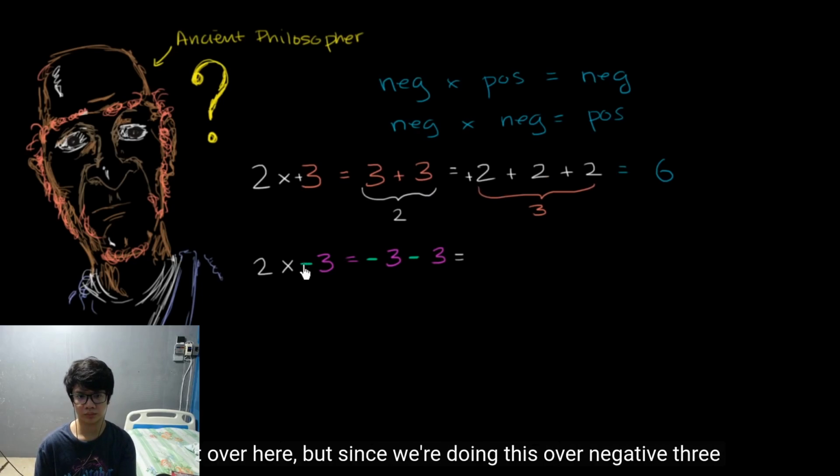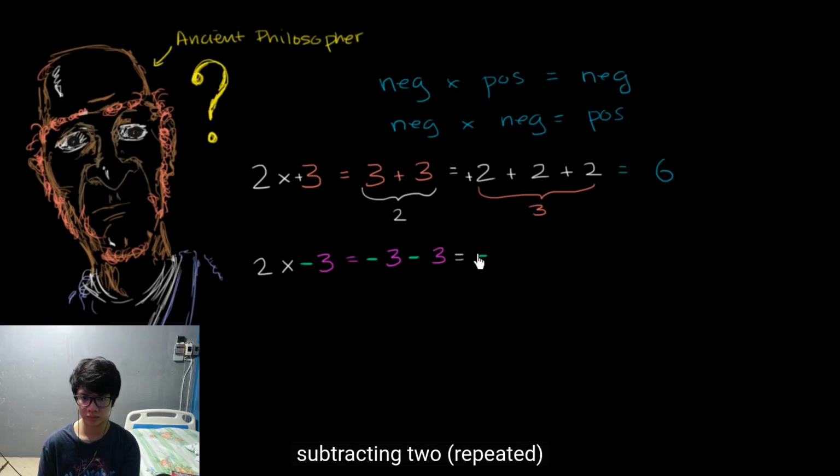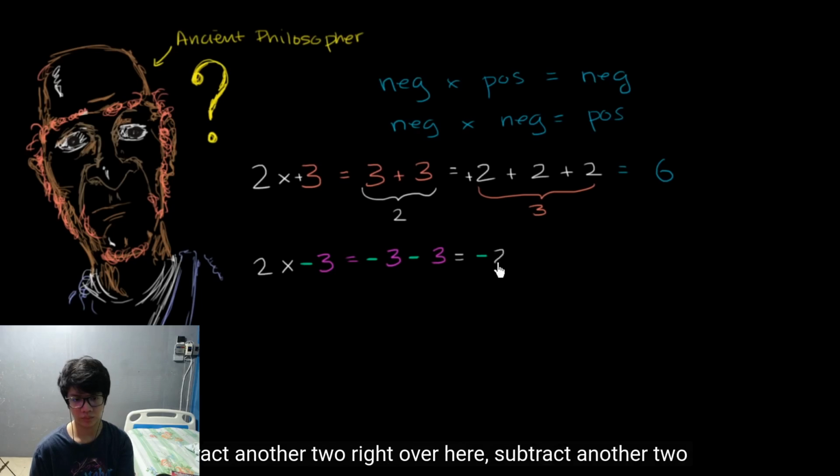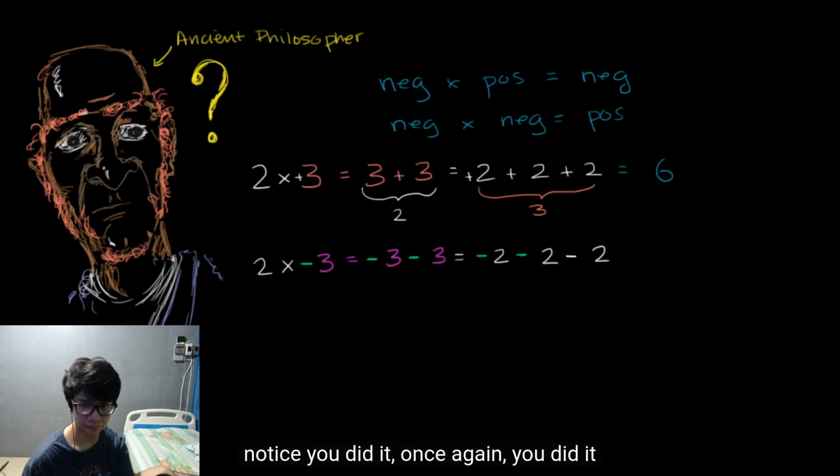Since we're dealing with a -3, we could imagine that this is subtracting 2 3 times. So this would be subtracting 2, subtract another 2, and then you subtract another 2 right over there.